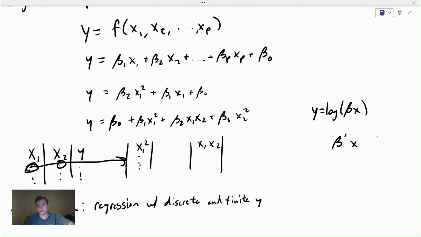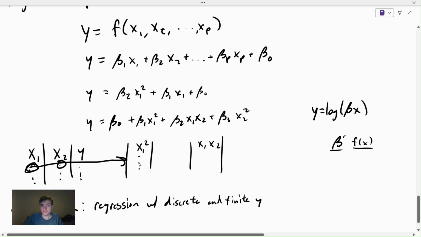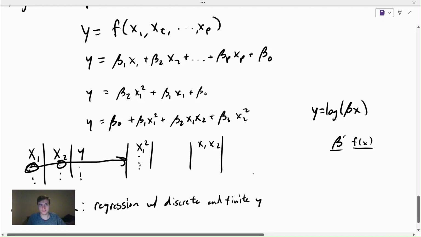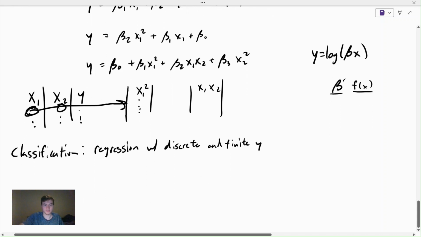Or even our function of x. Before we were able to just apply some new functions and then do a linear coefficient. Now, this would not be able to be solved with linear regression. And of course, there are some functions that are way more complicated to handle much harder situations.